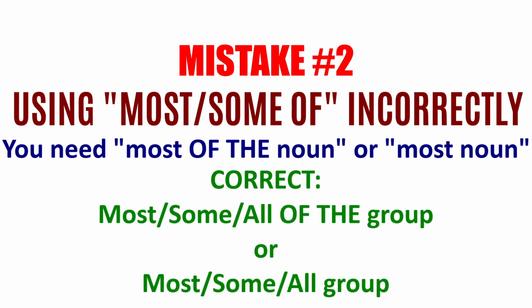So do not use most, some, all of group. You want the group, his group, her group. But if you put of, you need to have an article or a possessive pronoun before. So use most of the, all of the, some of the.